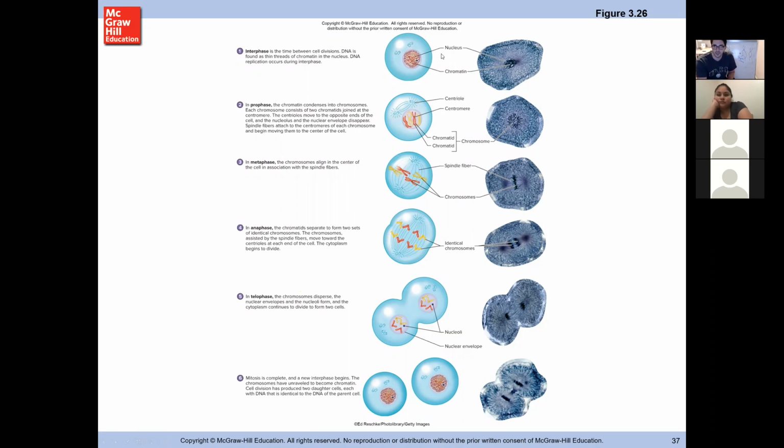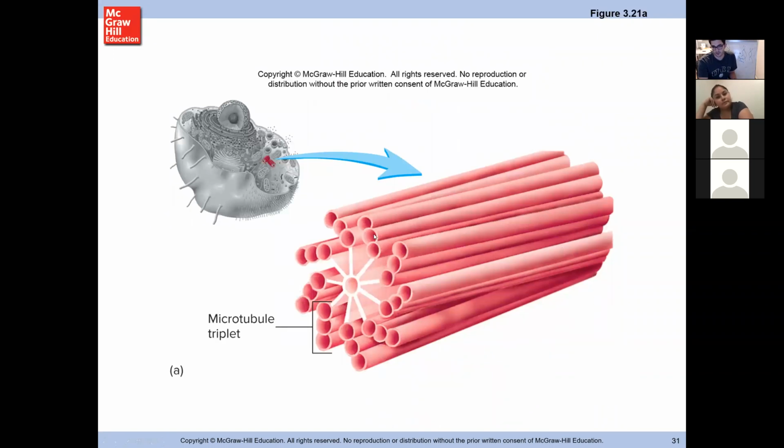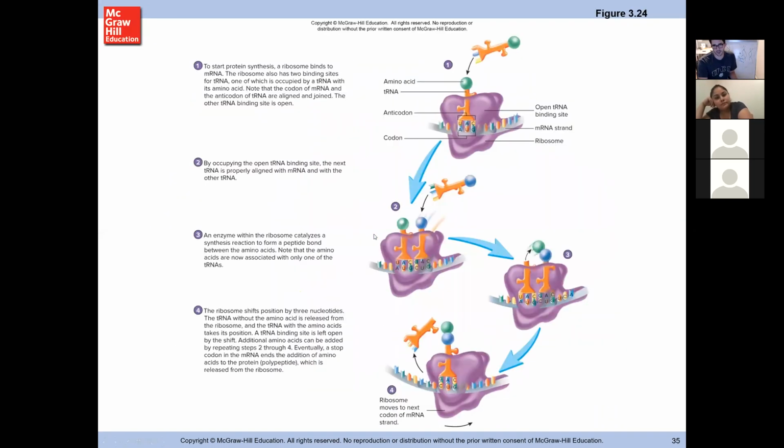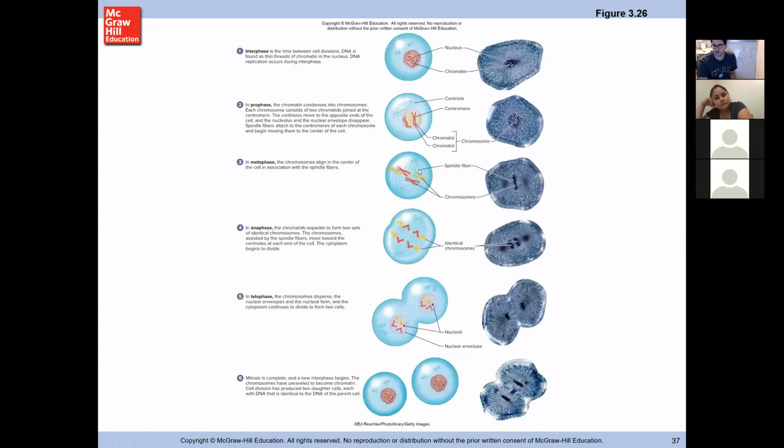So the nucleus ends up dissolving. The chromosomes at this point have already, or the DNA has already condensed into a chromosome form. And then they end up lining up along this midline of the cell right here. And the centrioles that I had talked about before, these things have elongated and are now attached to the middle of our chromosomes here.